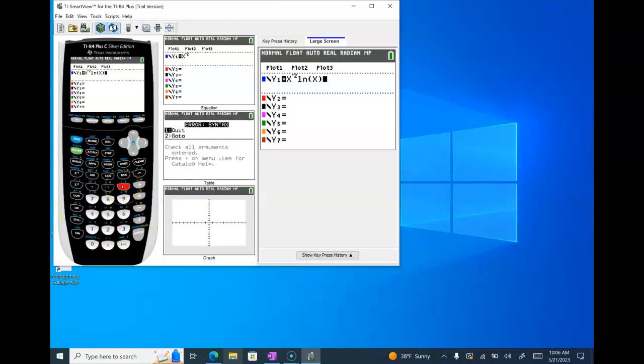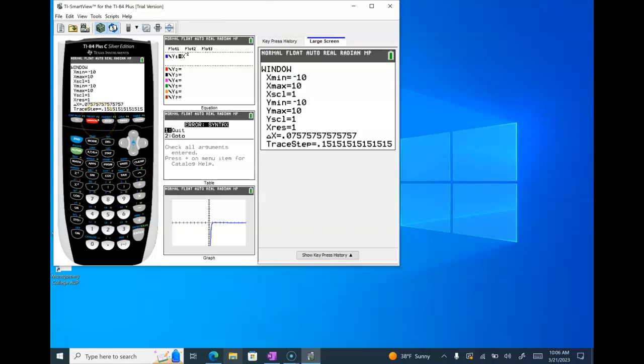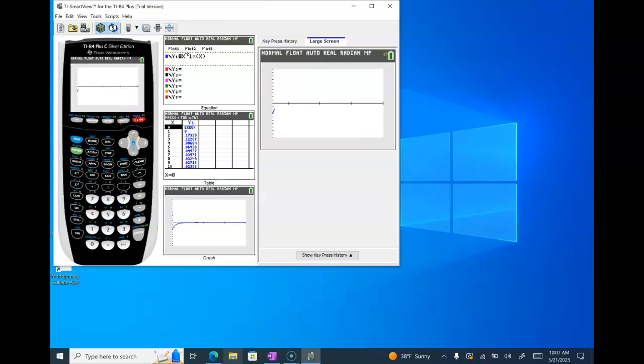Hopefully you've looked up the process to restrict your domain. I'll cheat a little bit. I'll restrict my domain by changing my window. So I'm gonna take my window and put my x-min at 1/2, I said? And my x max at 4. So I'm cheating it a little bit, but so what? And then look at my graph.